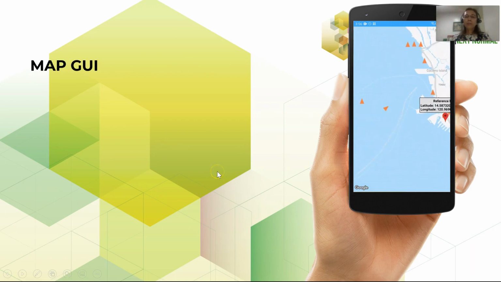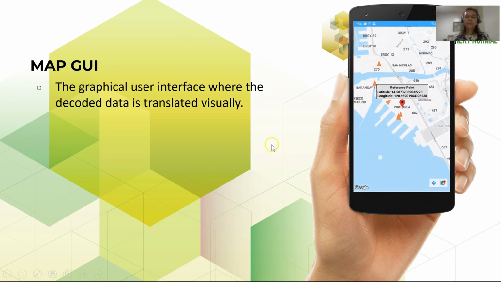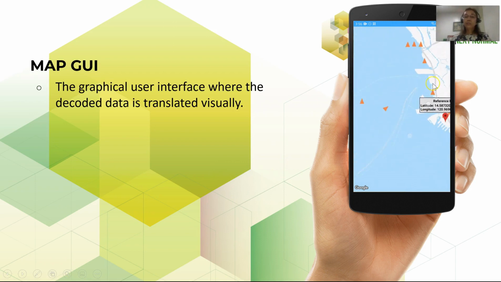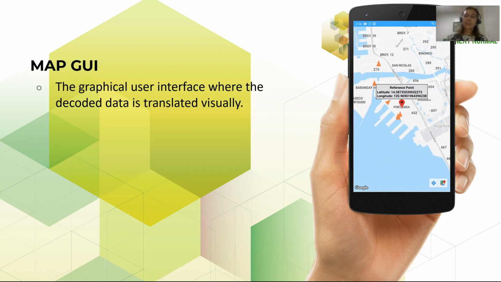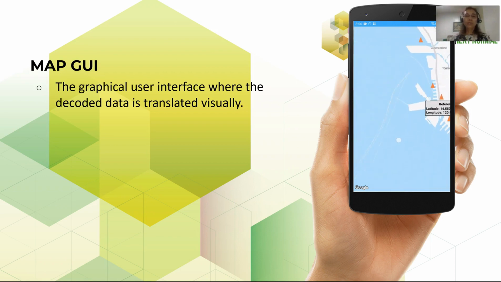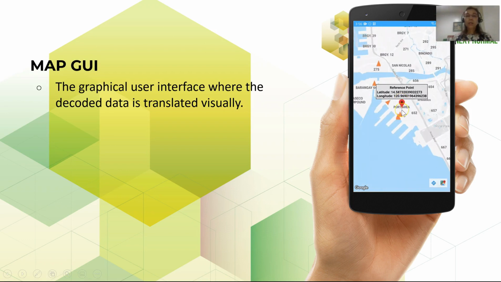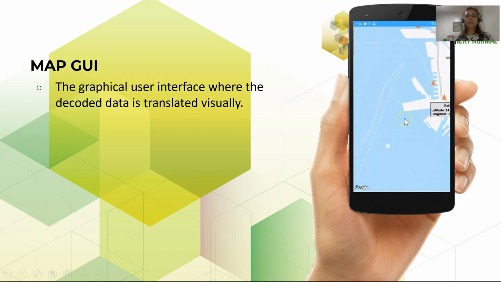Now for the map, this one here shows the map, as you can see. We have the ships represented by orange triangles. We have added a feature where, if we press a certain ship to know its information, including the distance relative to the reference location, the marker turns green, so that the user will not be confused about which particular object was pressed.